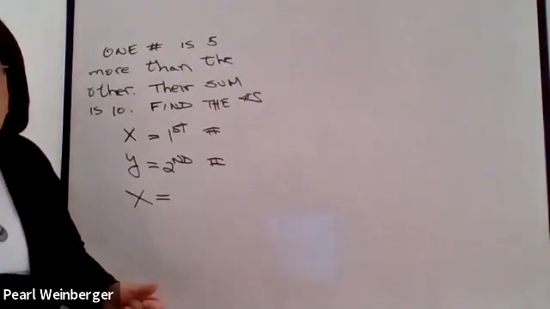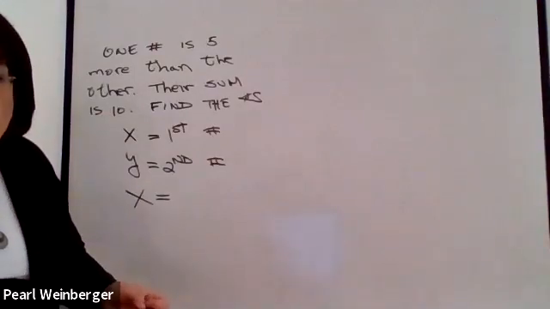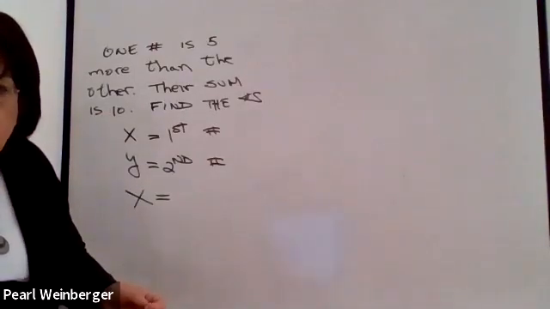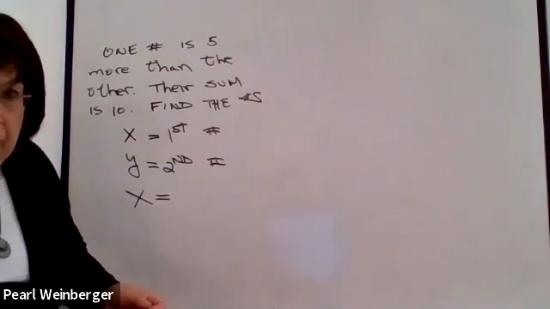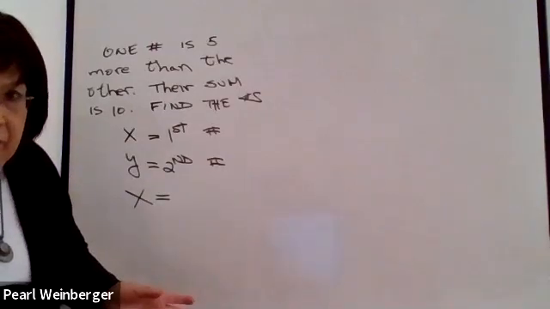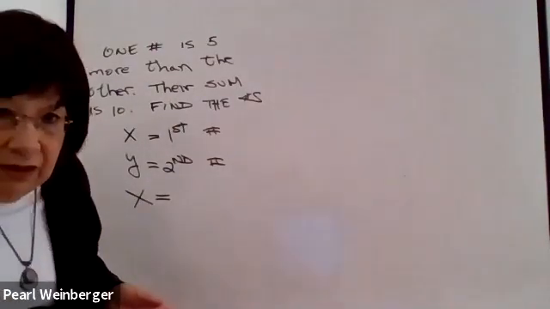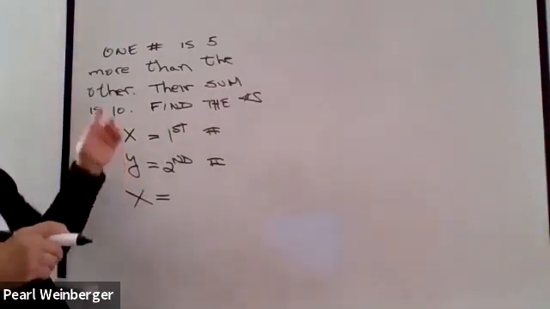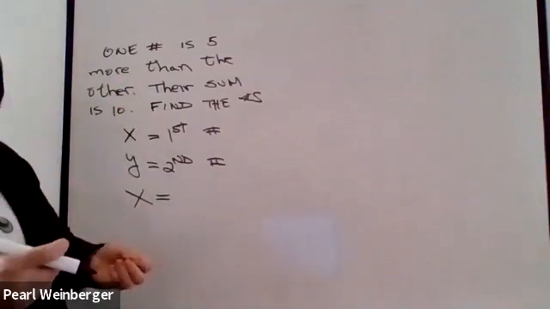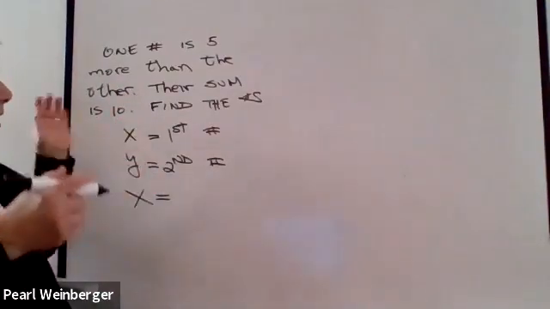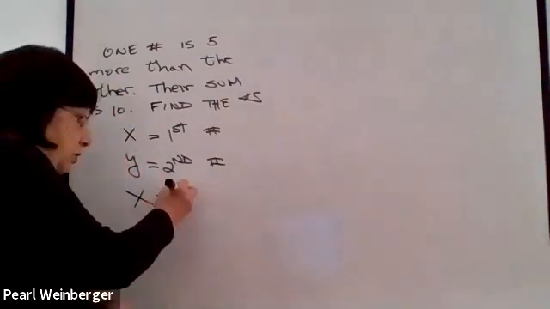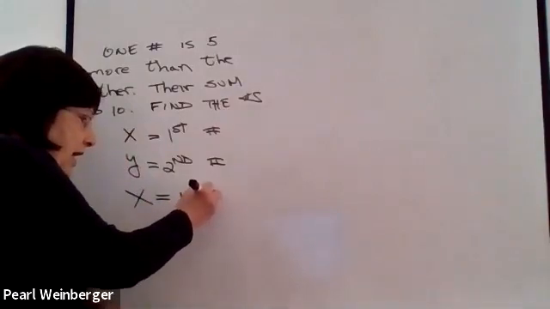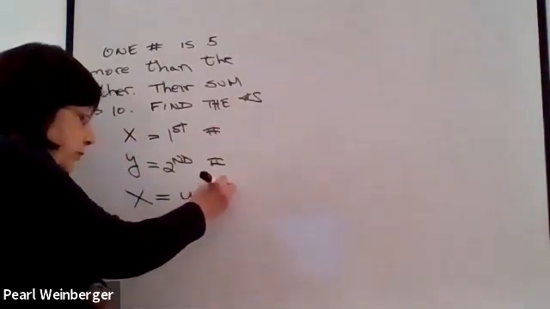What are we doing when we have 5 more? What operation are we doing? Anybody? Addition, right, absolutely. We are adding. More means adding. I'm going to take my second number, which is the Y, and add 5 to it.